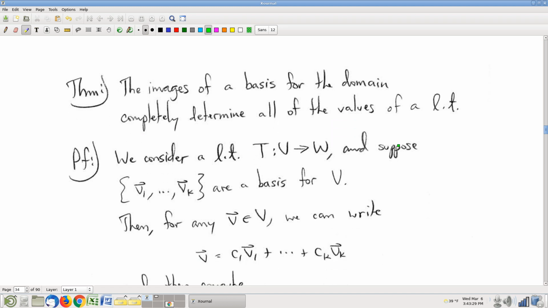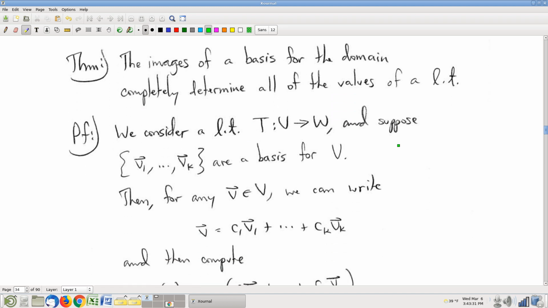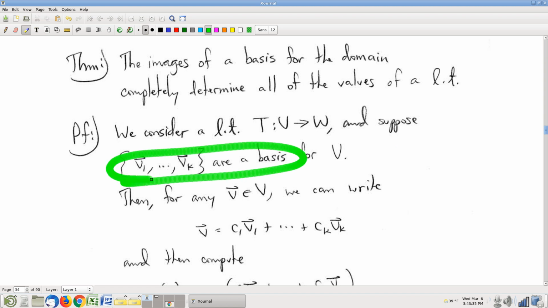Here's the proof. It's a very straightforward proof. Suppose that we have a basis. Keep in mind, a basis has some nice properties. One of the properties that we know about a basis is that any vector in the vector space can be written as a linear combination of those basis vectors, and furthermore, can be done in a unique way.